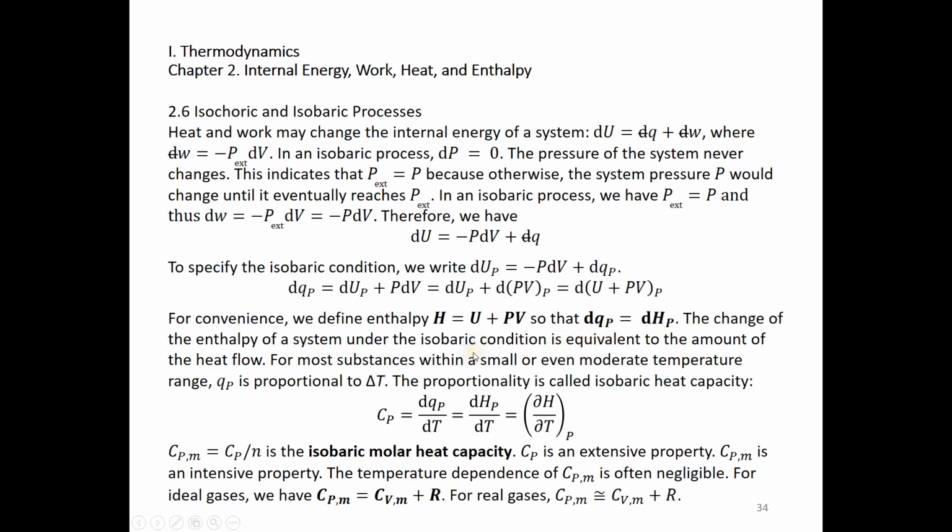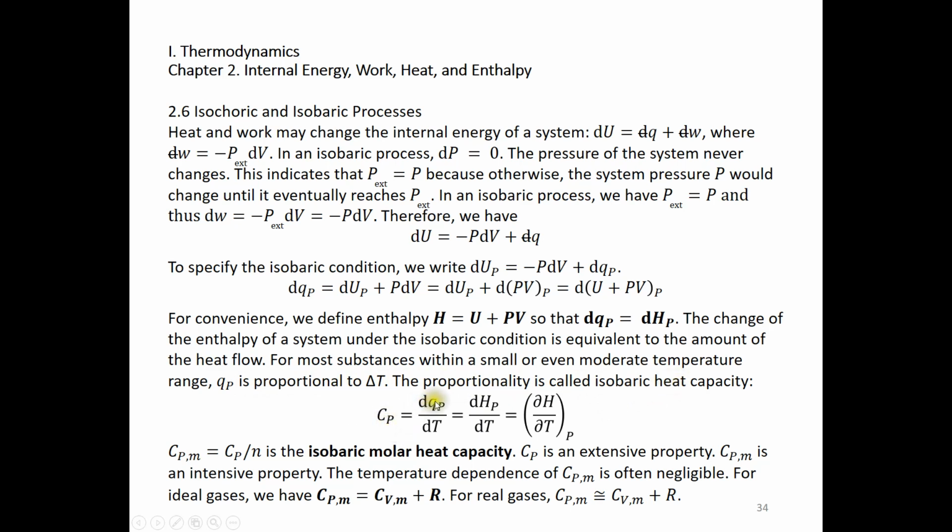So that's neat. And also under isobaric condition, for most substances within a small or even moderate temperature change, so a few kelvins or even tens of kelvins, Q sub P is proportional to delta T as well, so we have some proportionality. It's called isobaric heat capacity.